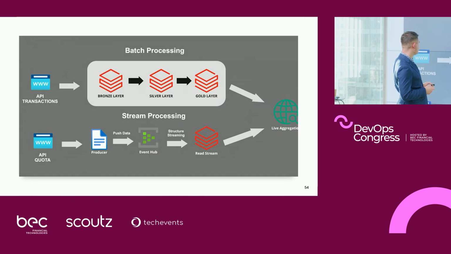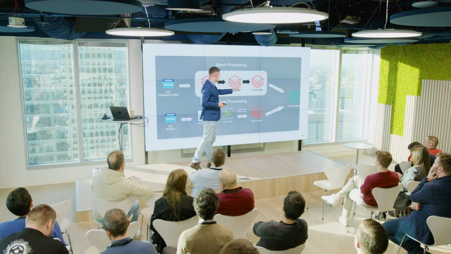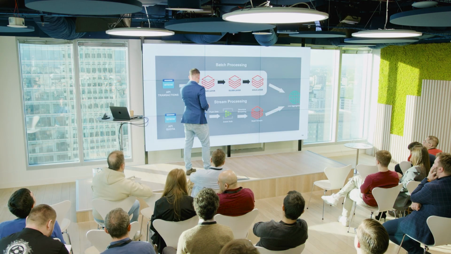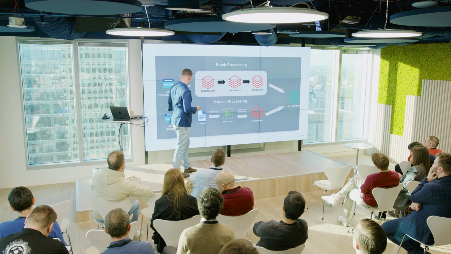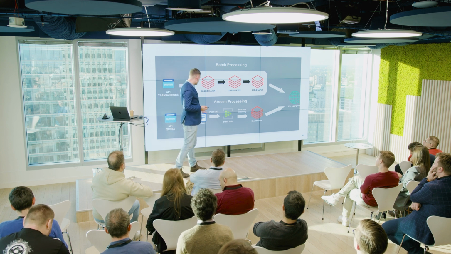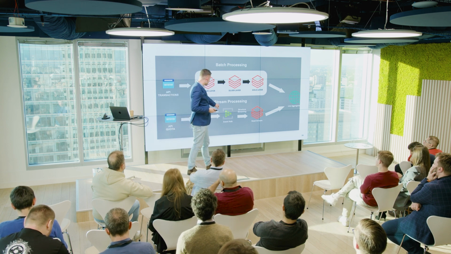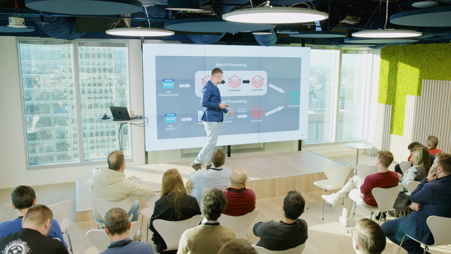And yes, let's do some practice. So we have that project. As I said, we have an API, transaction, bronze, silver, and gold layer. And when we have streaming processing, we have an API and then a producer. Then we can just push to the Event Hub and then put it to the streaming.